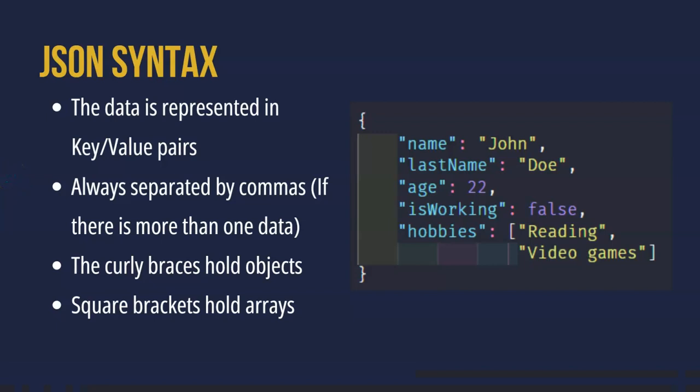So the data is represented in key value pairs or name value pairs. This can be recorded in an object, as you can see here, and I mentioned here that the curly braces hold objects. So we can store our information in objects. We can also store our information, as you can see here, in arrays.